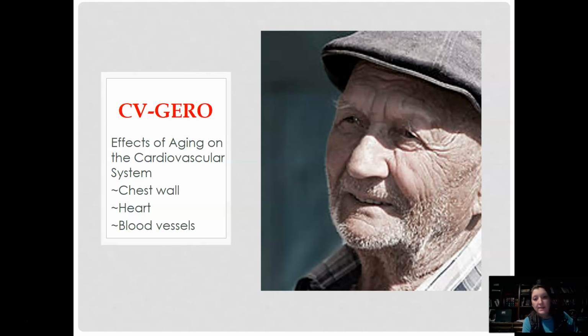They cannot increase their cardiac output. It's much harder for them to respond to exercise or stress in the same way that someone younger can. They don't have the same cardiac reserve. And so it takes their cardiovascular system longer to react.